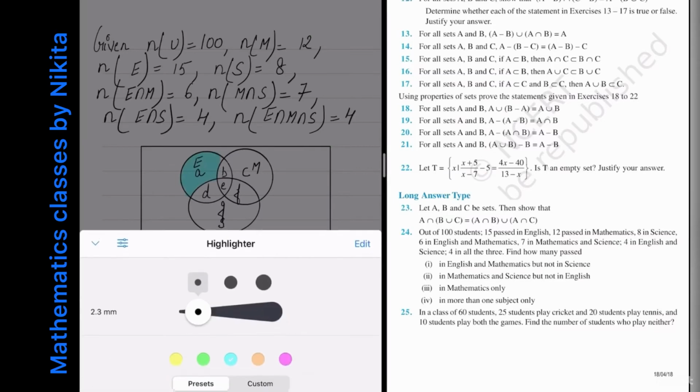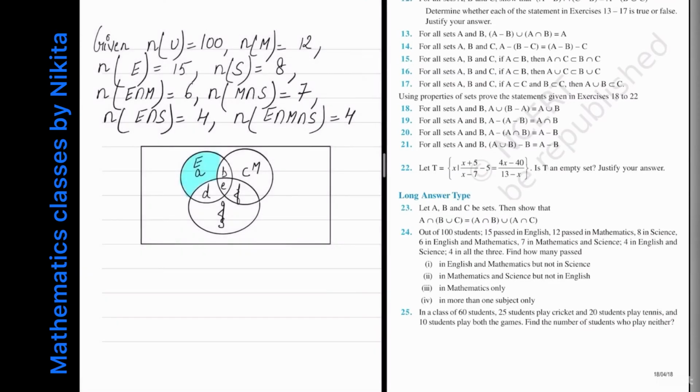So that means you have to find this, English and maths but not science. So you have to find B. So in the first part we have to find small b.